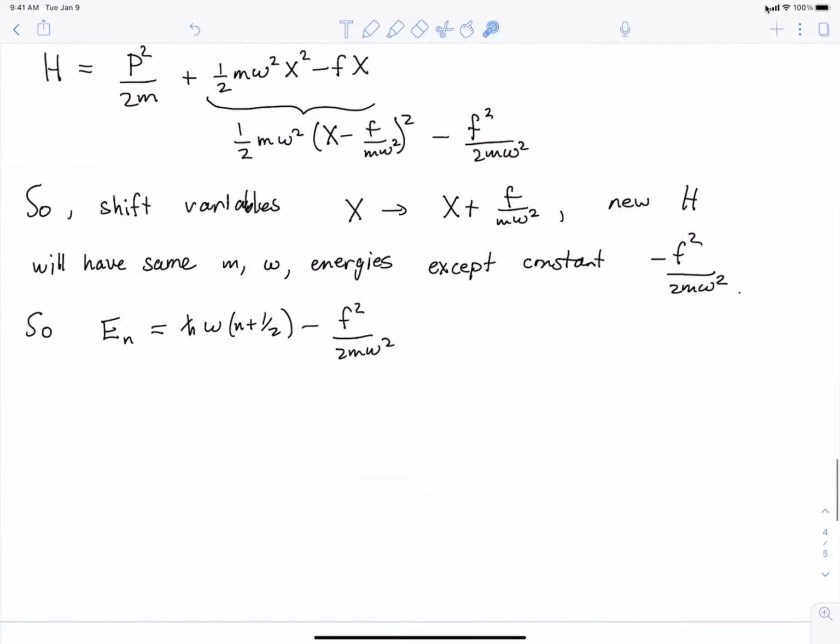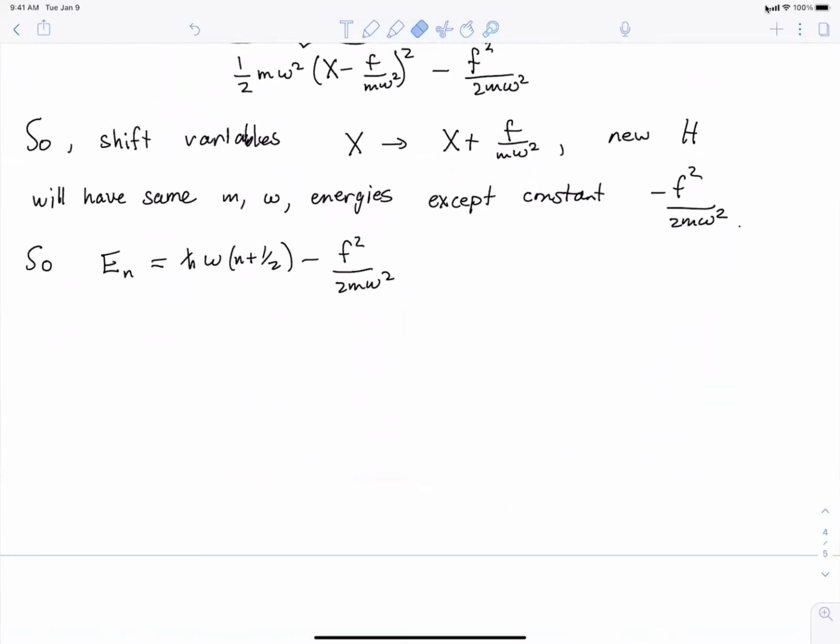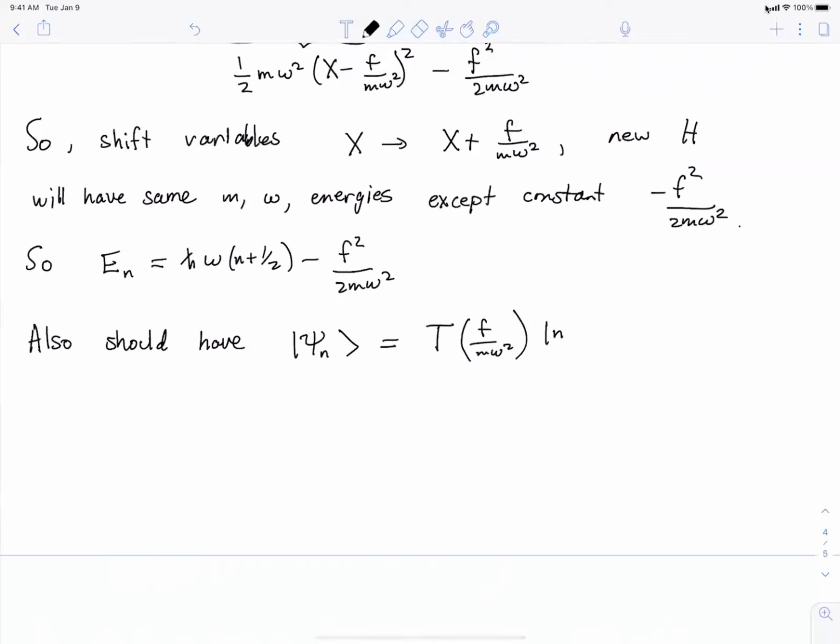Okay, so that's nice. Also, we can think about the state in the same way. We should have that the exact state, psi sub n, is equal to a translation operator, a translation by f over m omega squared, acting on the unperturbed state n. Right, and the reason we're translating by this is that's how much we shifted by.